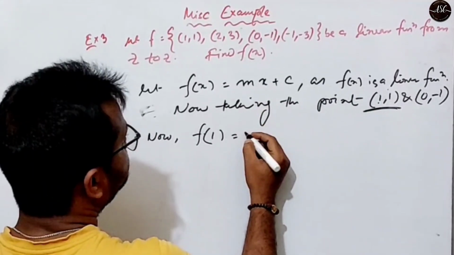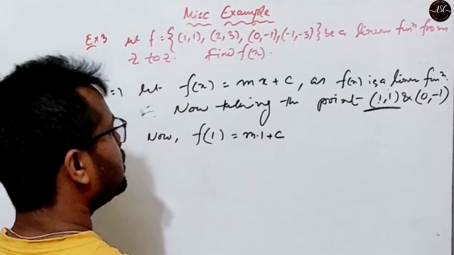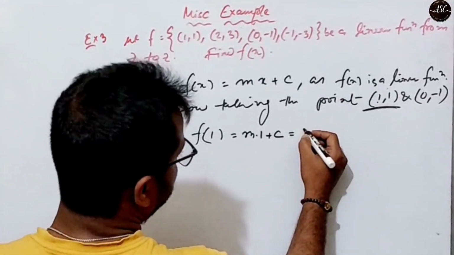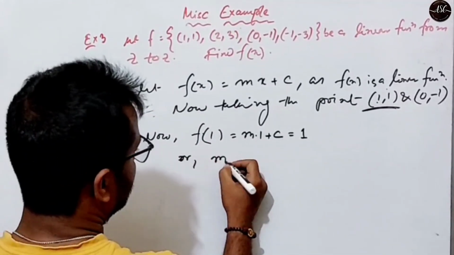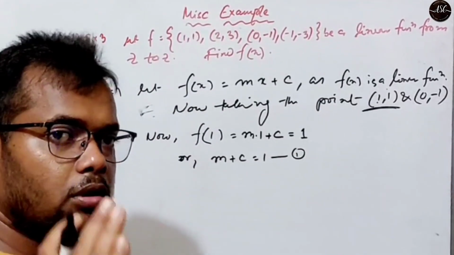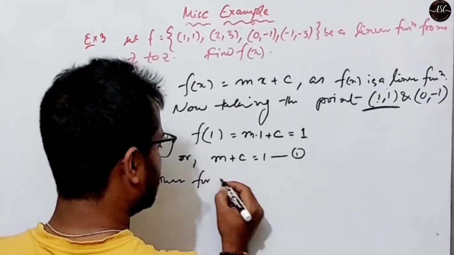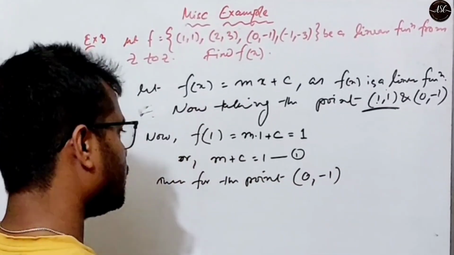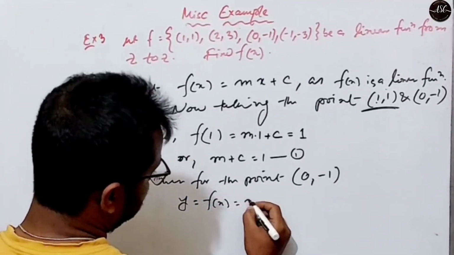So now put m dot 1 plus c. Here this is equal to y, that means 1, or m plus c equal to 1, equation number 1. Then for the point (0, -1), y is equal to f(x) equal to mx plus c.